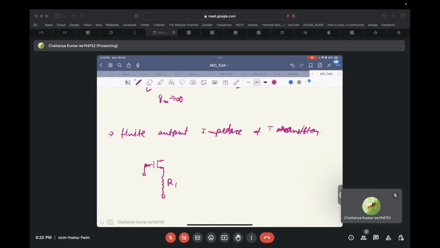Let's say the gate is grounded. There is resistance R1 at the source of the transistor, and we are to calculate the looking-in impedance from the drain side of the transistor. If the output resistance was infinite, then our Z out would have been infinite.